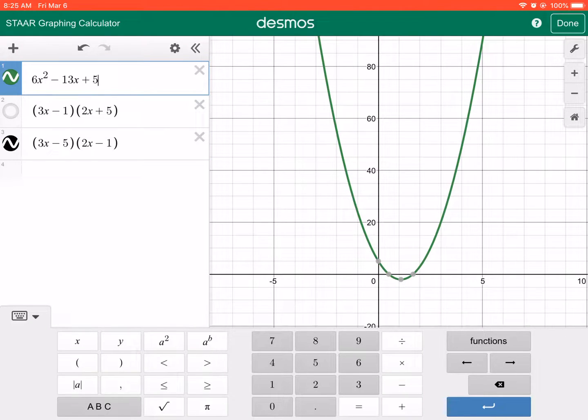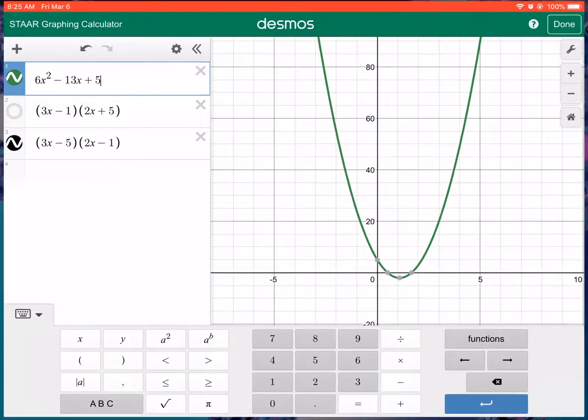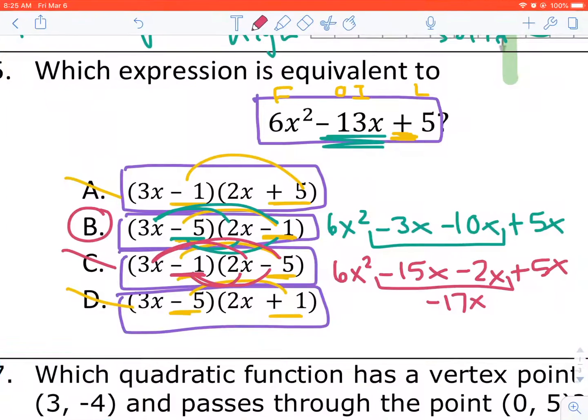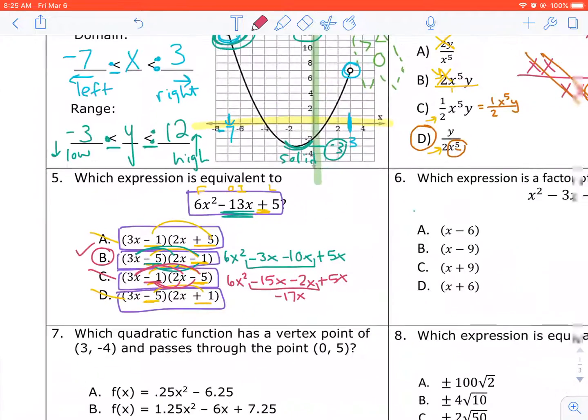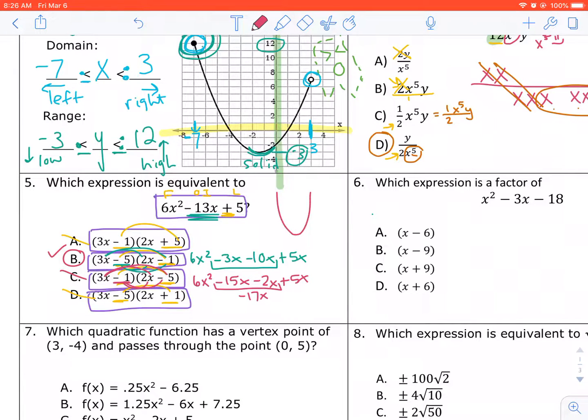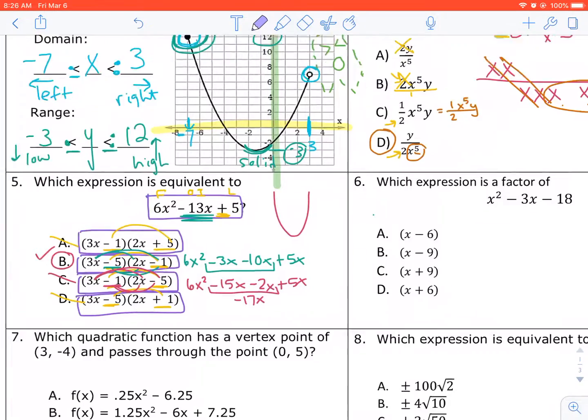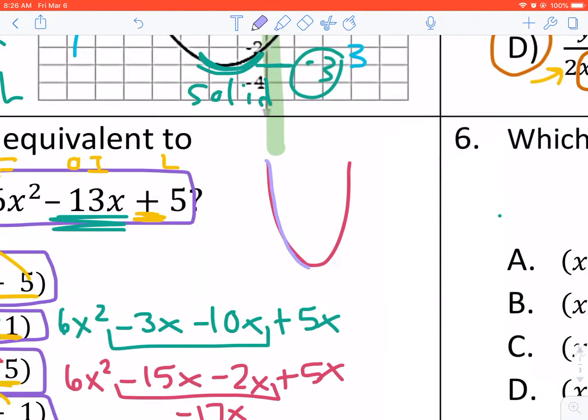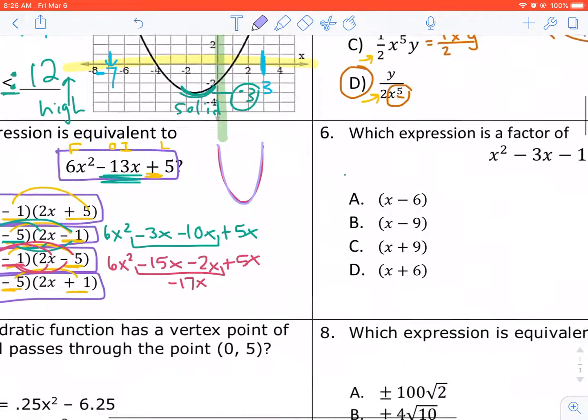So right here, answer choice B is in the same spot as our question, which means that we did it correct. Answer choice B is right, and I'm absolutely positive it's right because they matched. Whenever I typed in the second one, it went right on top of the other one on Desmos.